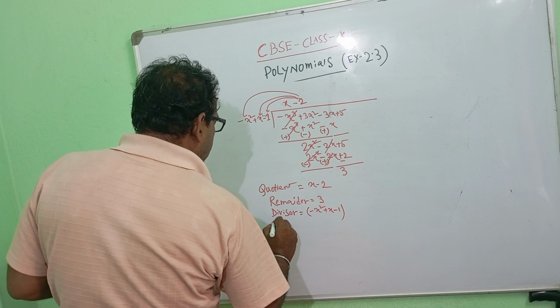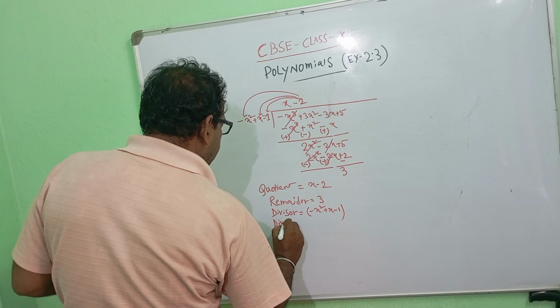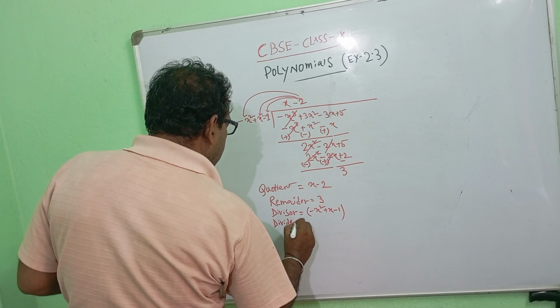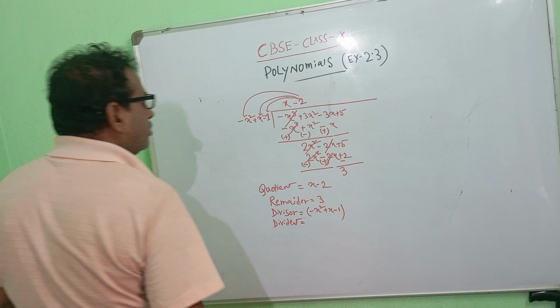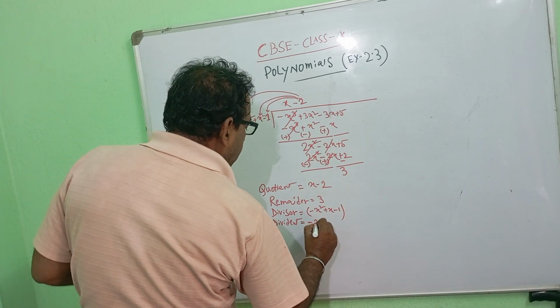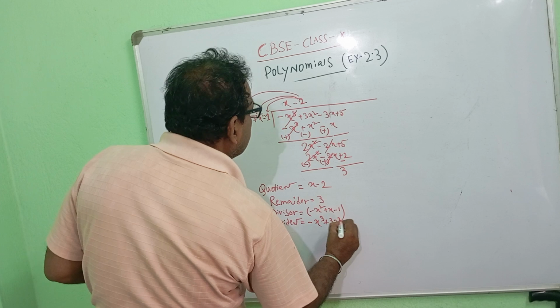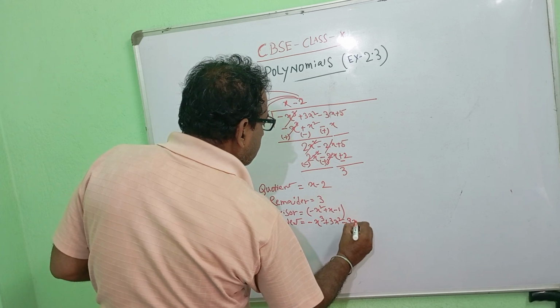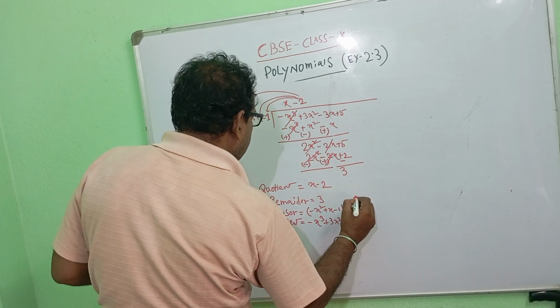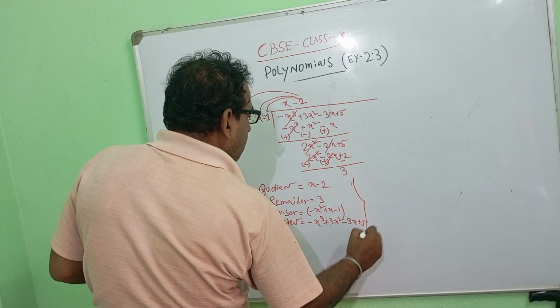And dividend is equal to minus x cube plus 3x square minus 3x plus 5. This is my findings.